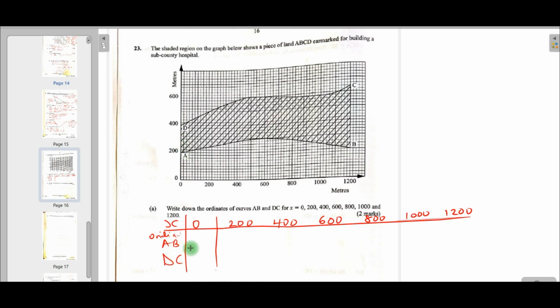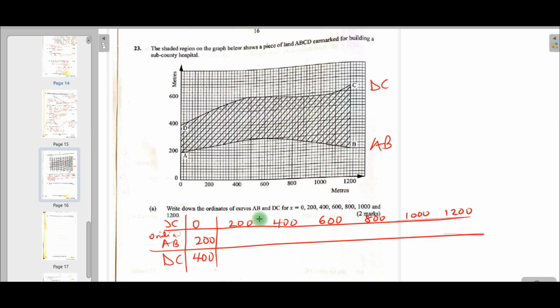So what are those ordinates? For AB, this is the curve AB, and the other one is DC. So for AB, when x is 0, the ordinate is 200. That is the height. For DC, it is 400.